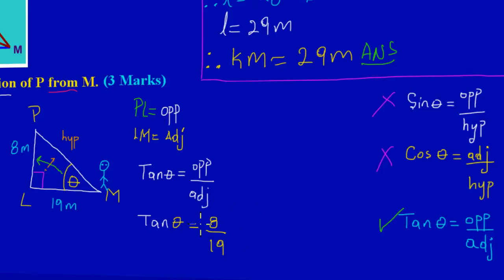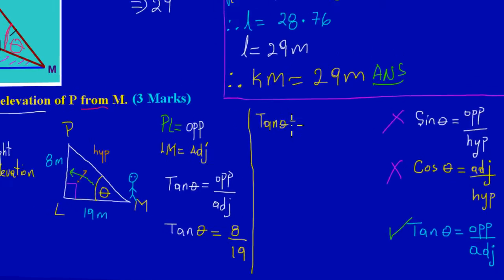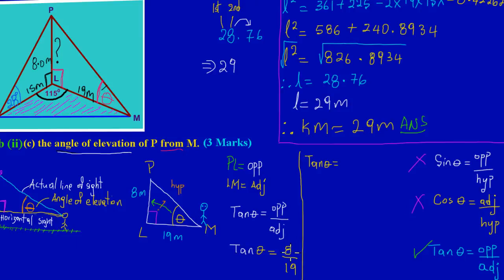Okay, my friends? And if we should pull out our calculator, we could just quickly state this up here. So we could say tan theta, and I'm simply going to be dividing 8 divided by 19.